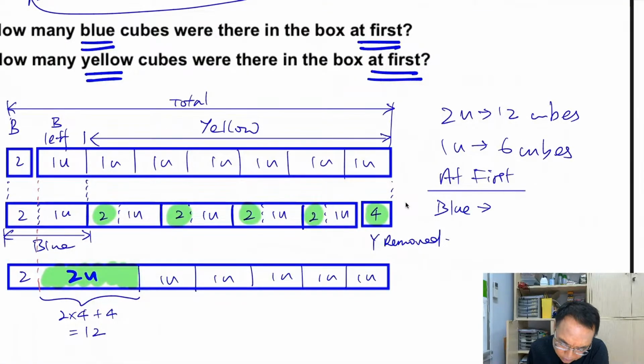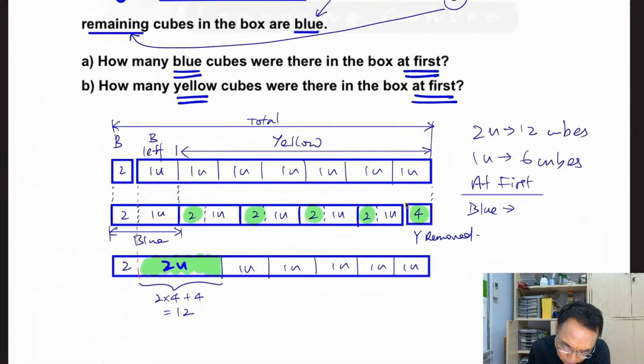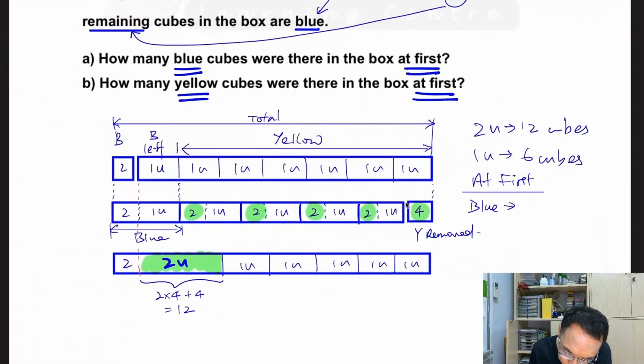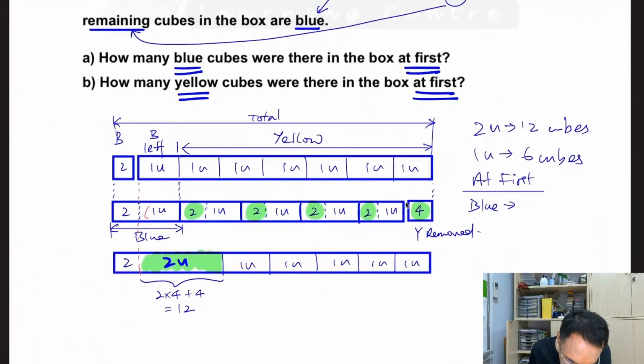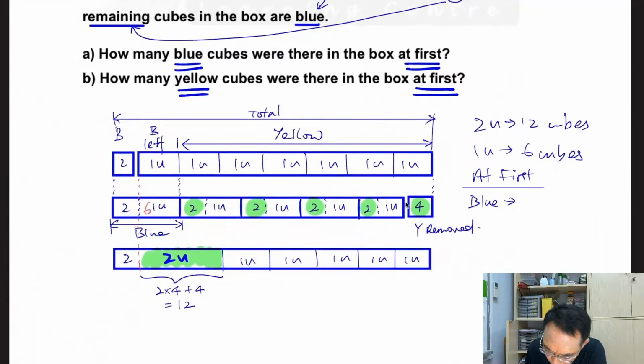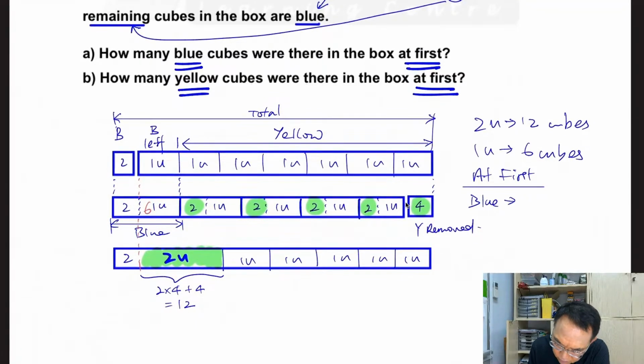The answer is that this number, we have found 1 unit to be 6, which means this is 6. And if this is 6, then 6 plus 2 will give you the blue. So 2 plus 6 gives you 8 blue cubes.